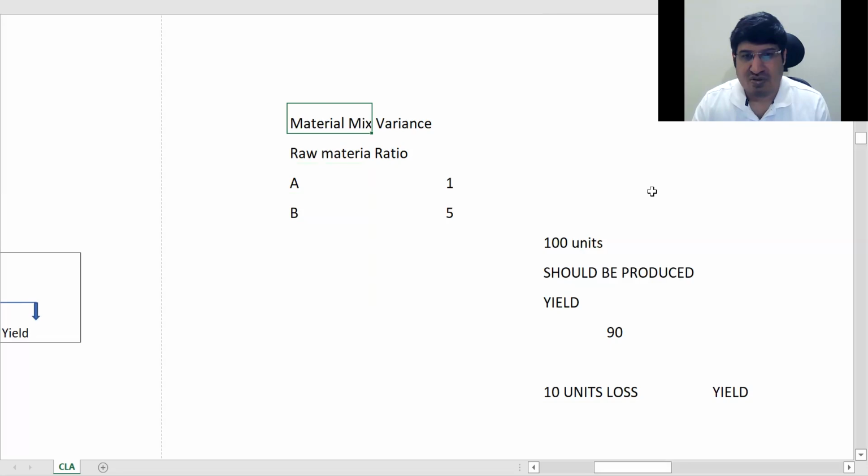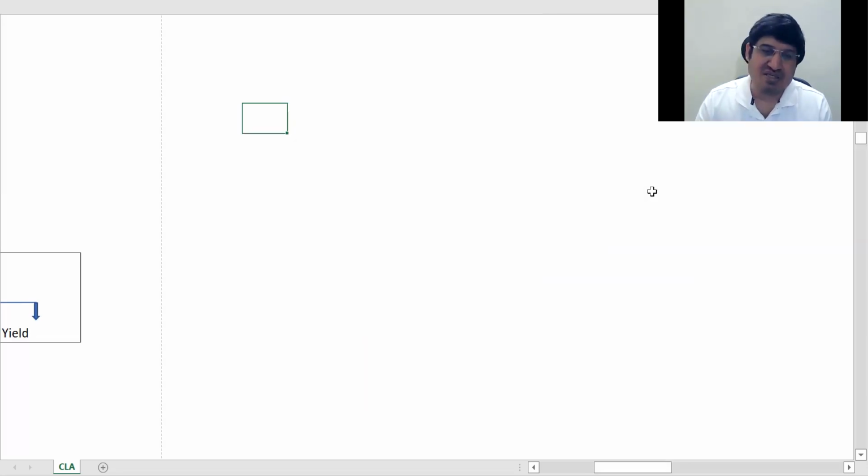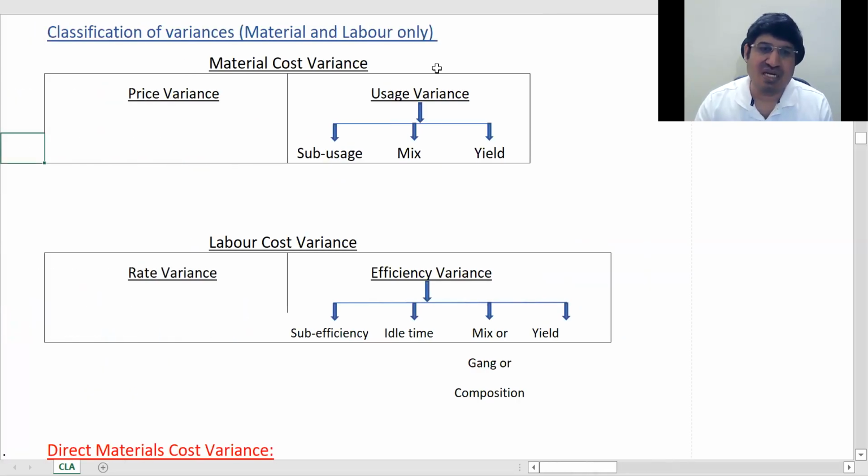So these are your main variances. Basically, material cost variance can be divided into price variance and usage variance. If the variance is due to price, it will be price variance. Usage variance is when more or less material has been put in. And in usage variance itself, there can be two things.